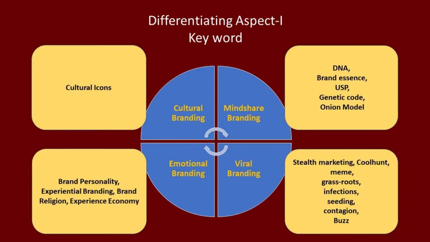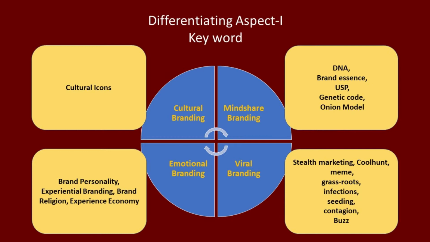When marketing activities are based on the cultural branding model, the brand is referred to as the cultural icon, whereas the brand is referred by a unique, specific and differentiating property known as brand DNA when the marketing activities are based on the mindshare branding model. It is also called brand essence, brand USP or an onion model.